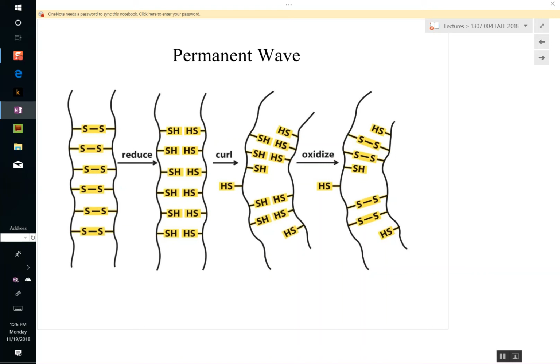It's a reducing agent, breaks those disulfide bridges, curl it or straighten it, whatever you want to do with it. You get it into the shape you want it, add an oxidizing agent, and what are you doing? You're reforming disulfide bridges in different places. That's why it's permanent. Till the hair grows out. But it is a permanent.